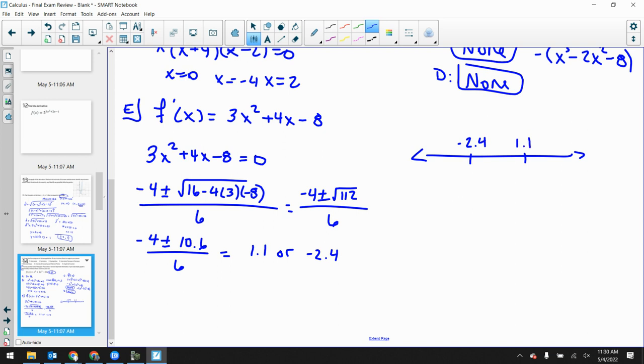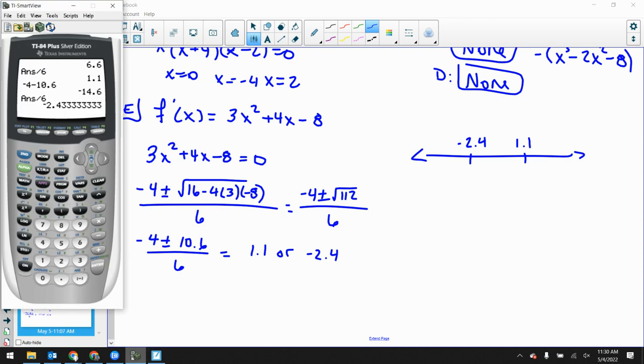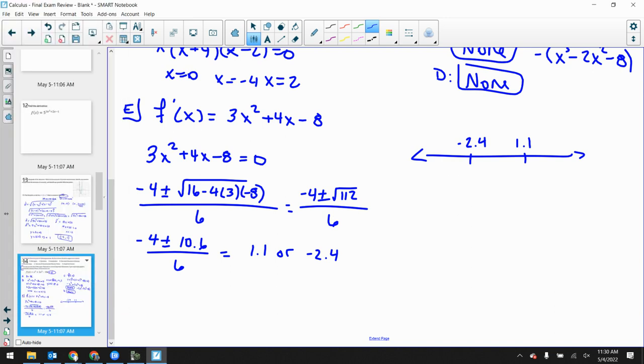So let's see what's happening on either part. Let's pick something negative, negative 3. Remember, you're running these into f prime to see where it's negative and positive. 3 times negative 3 squared plus 4 times negative 3 minus 8 is 7. Positive. I don't care that it's 7, I care that it's positive.